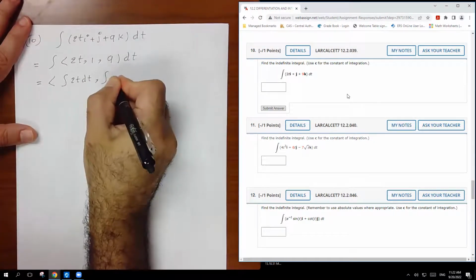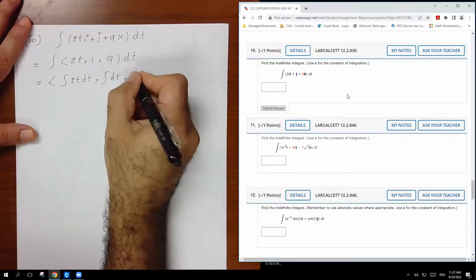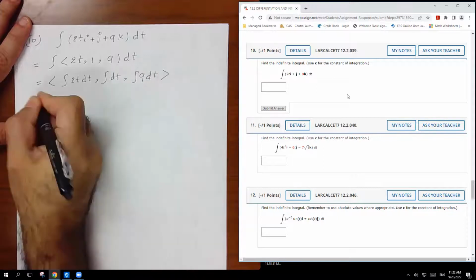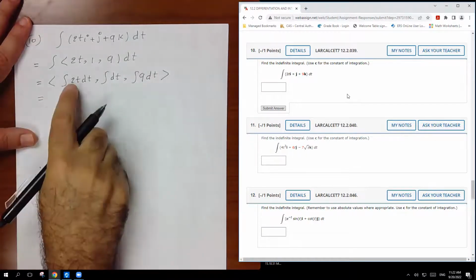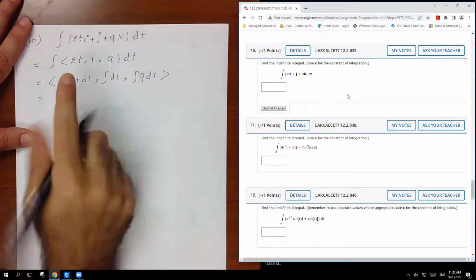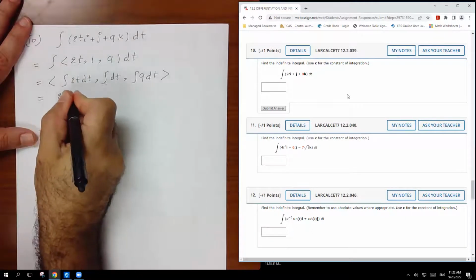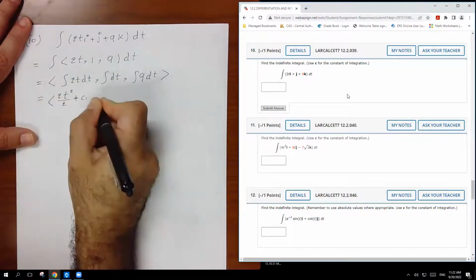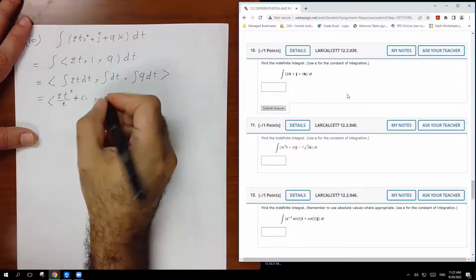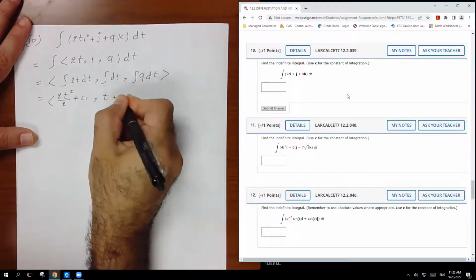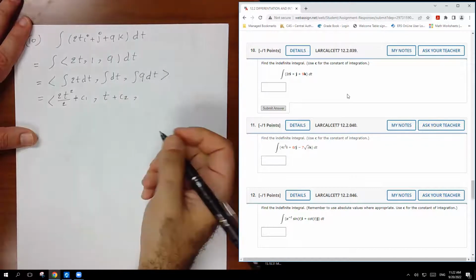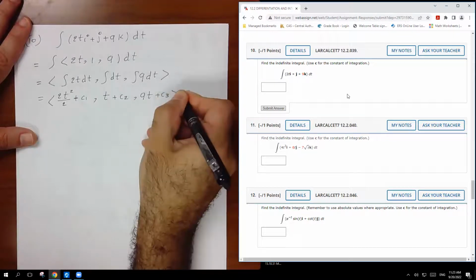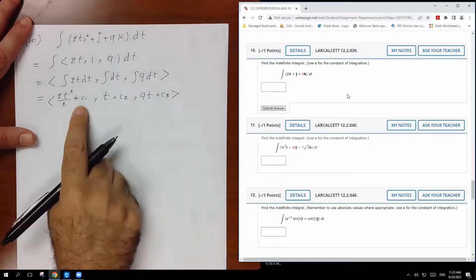The integral of 2t dt is going to be 2t squared over 2 plus c1. The integral of 1 dt is just t plus c2. The integral of 9 dt is 9t plus c3. Because every time you take an integral, we have to add the constant c.